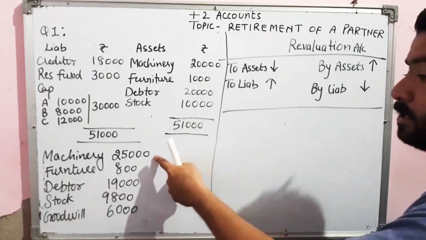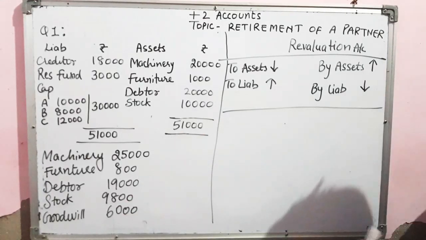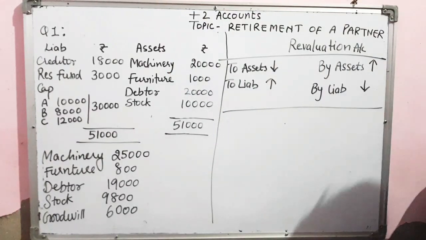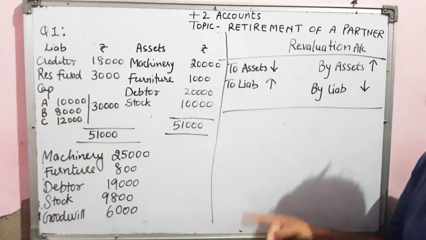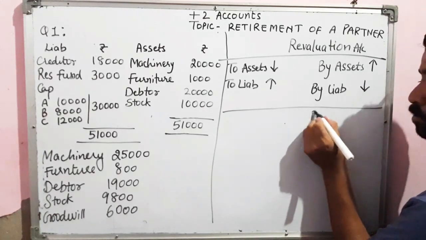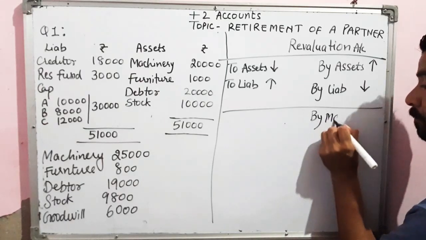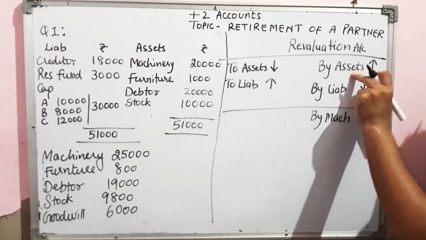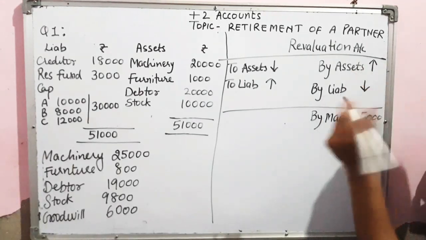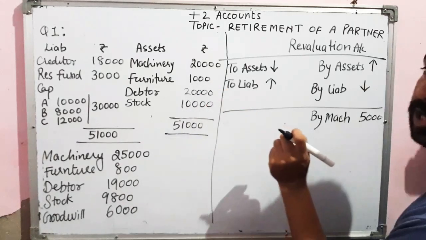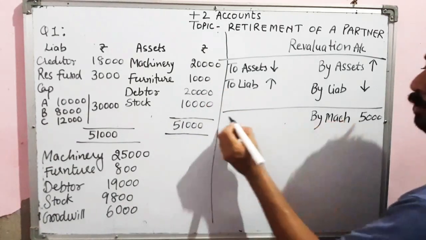Now the machinery's value is 25,000, but in the balance sheet the machinery's value is 20,000. So we know that the machinery's value has increased by 5,000. So by machinery 5,000, because its value has increased. Next, furniture's value decreased by 200.